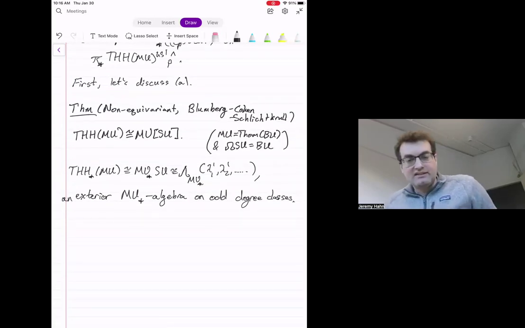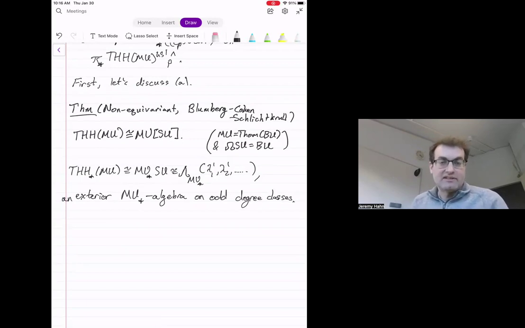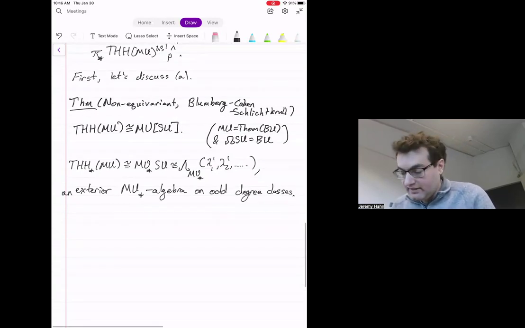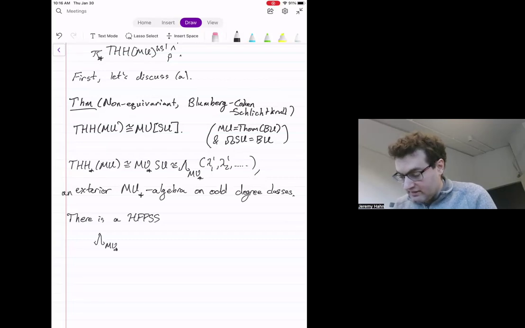And then the only remaining thing to worry about is an S^1 homotopy fixed point spectral sequence. So there is a homotopy fixed point spectral sequence, which will start with this exterior algebra on these classes.